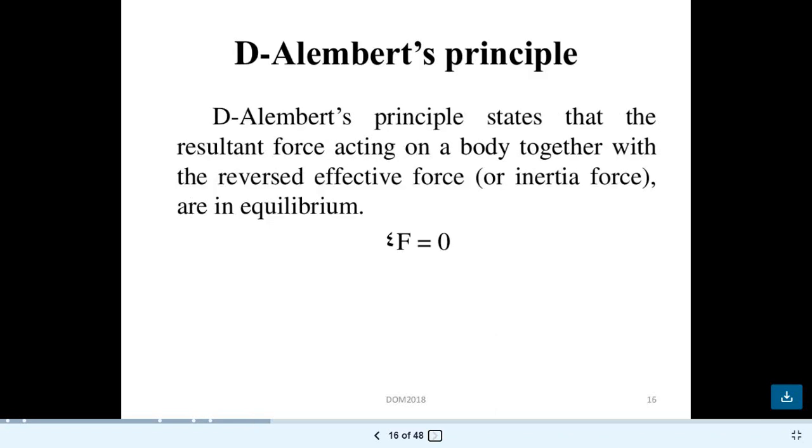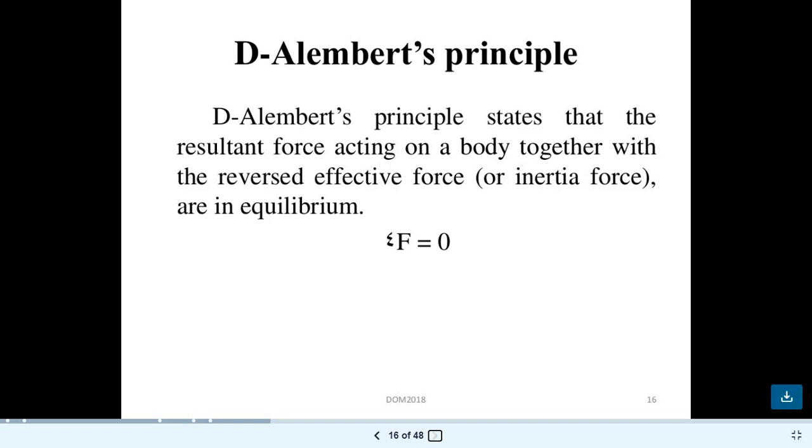Next, D'Alembert's principle. D'Alembert's principle says that the resultant force acting on the body, together with the reversed effective force or inertia force, is in equilibrium. For example, some external forces and some external torques are acting on the body.